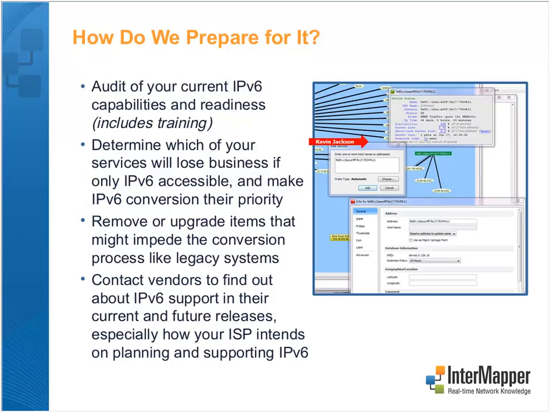Another thing to take into consideration is whether my monitoring and management software is capable of managing and monitoring both the version 6 and the version 4 devices. In InterMapper we can monitor both version 6 and version 4 simultaneously on the same map if need be. So again, you want to make sure that you have the infrastructure in place to support that transition as well.